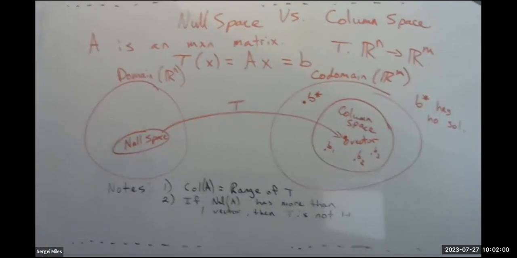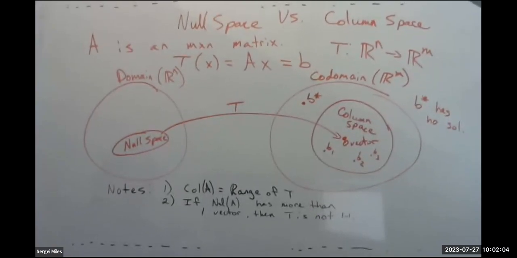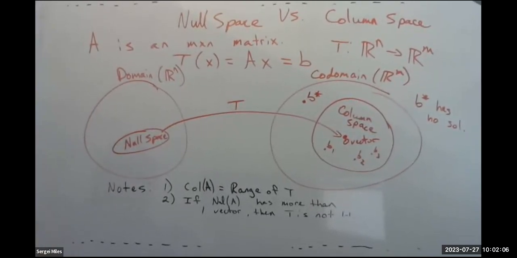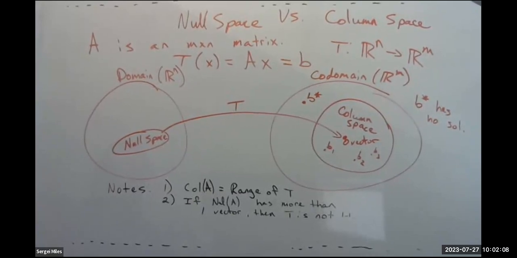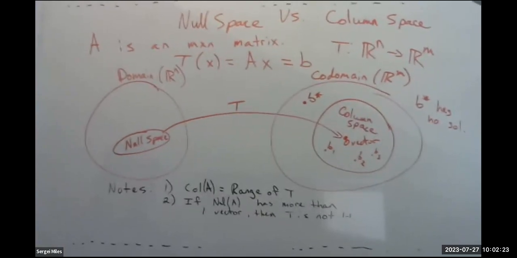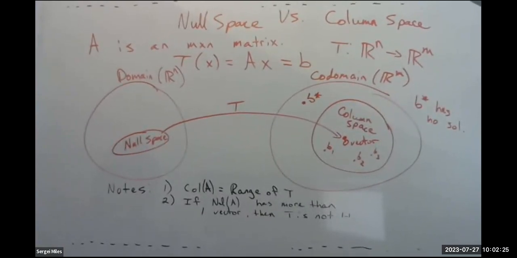One-to-one is the same idea as the horizontal line test for functions. One-to-one says, no matter what two x's I plug in, they can never map to the same place. So you can imagine, if you have two different vectors in the null space which get mapped to 0, you just broke one-to-one, right? So being one-to-one means your null space has only the trivial solution.